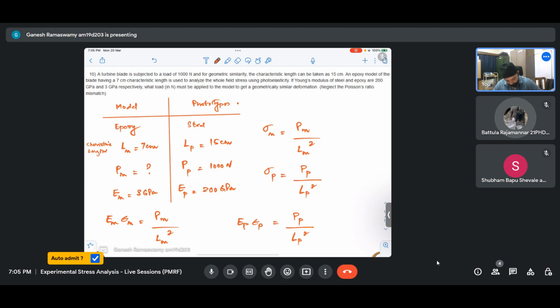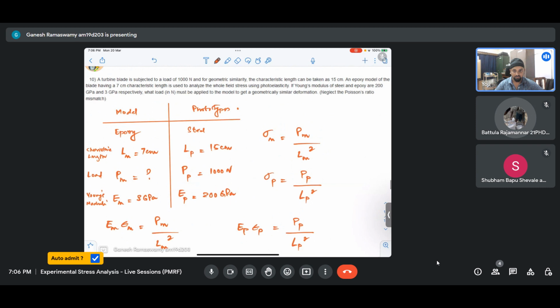This is the load, and this is the Young's moduli of both these. So basically, in order for us to get geometrically similar deformations, we have back calculated what should be the load that has to be applied.